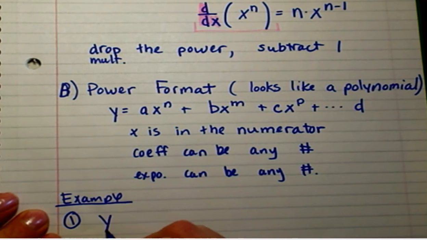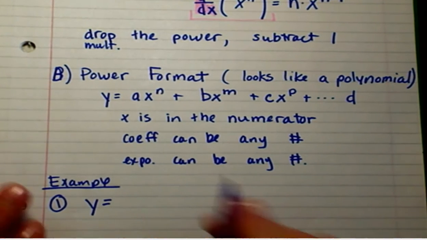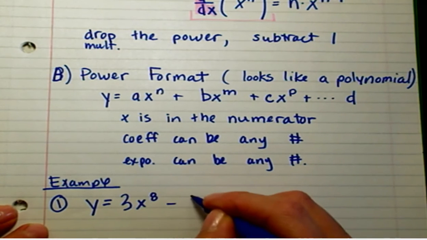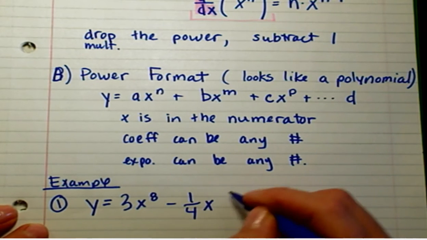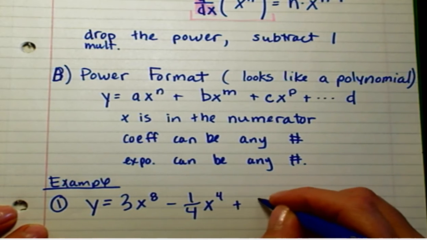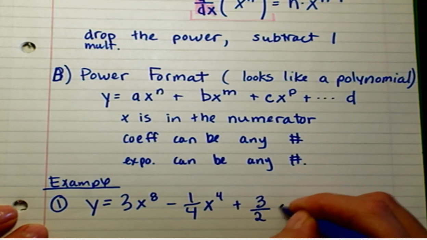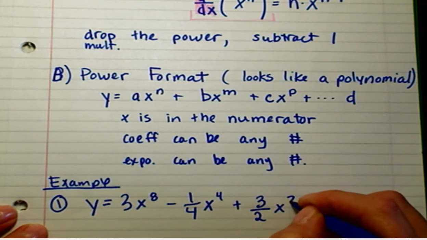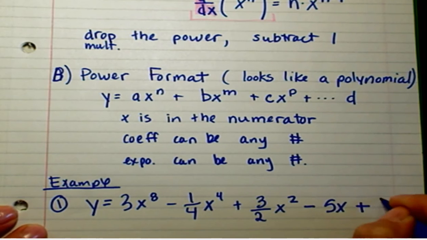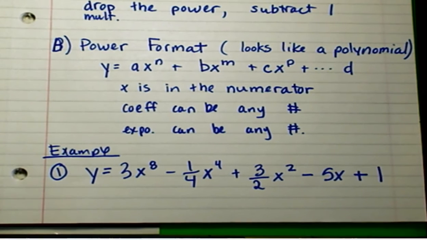Okay, y equals 3x to the 8 minus 1/4 x to the 4 plus 3 over 2 x squared minus 5x plus 1. Okay.